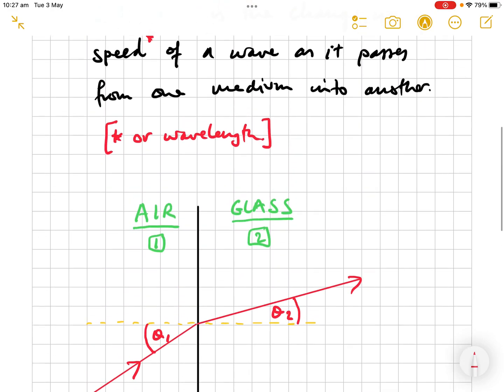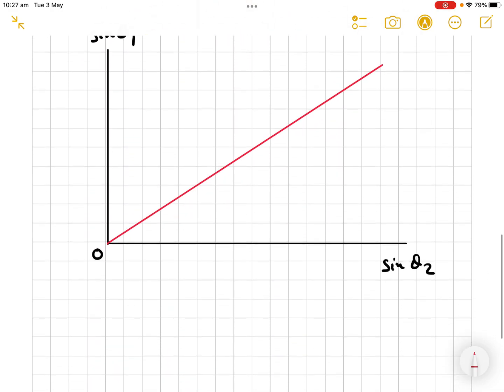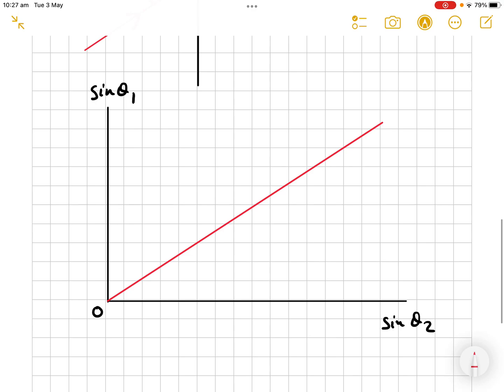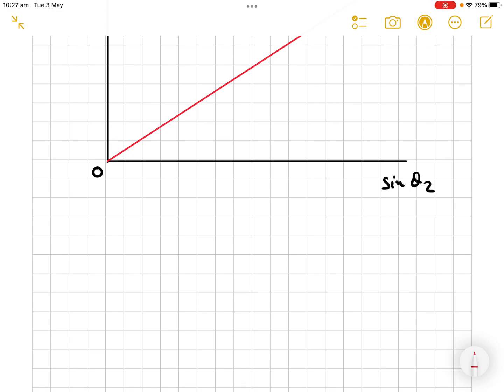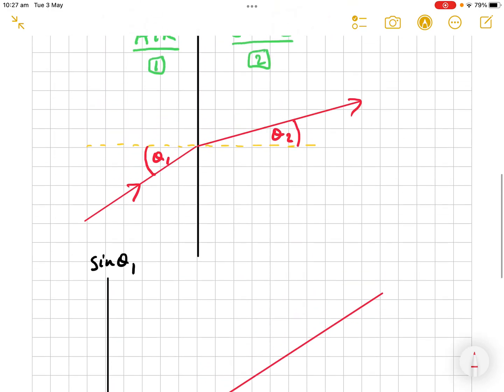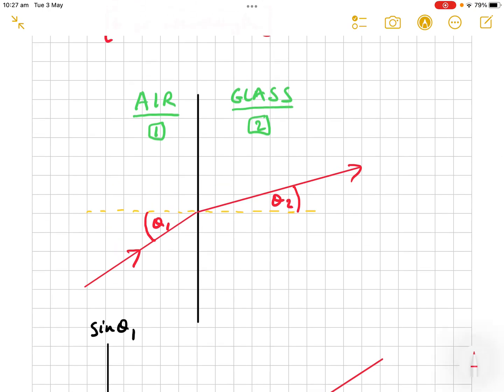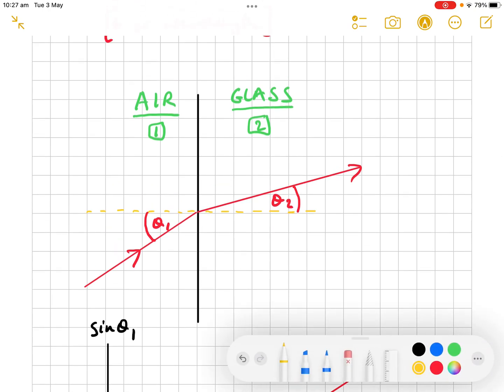Now if medium 1 is air, as it is in our case, then it turns out that the gradient of that line equals a constant, obviously, and that constant is the refractive index of the glass. Now, refractive index is given the symbol n, so I'm now going to go back and put that in.